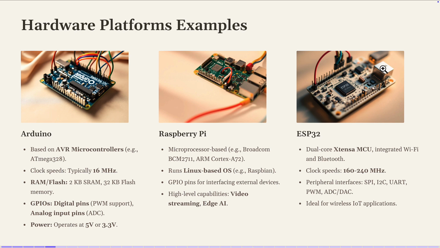So Raspberry Pi is more powerful. This is what we call a microprocessor, not a microcontroller. It has the microprocessor type ARM Cortex A72. It can run an operating system, whereas this type of device doesn't run an operating system. We just put a firmware inside a very small memory component that we call EEPROM.